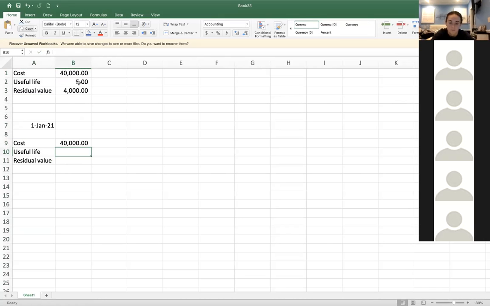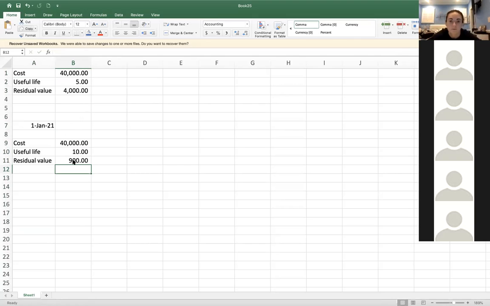Of course, my cost is going to stay the same, and they estimated that the useful life would increase to 10 years. But of course, if I'm going to use it longer, the residual value would decrease, and they decreased the residual value to 9 years.